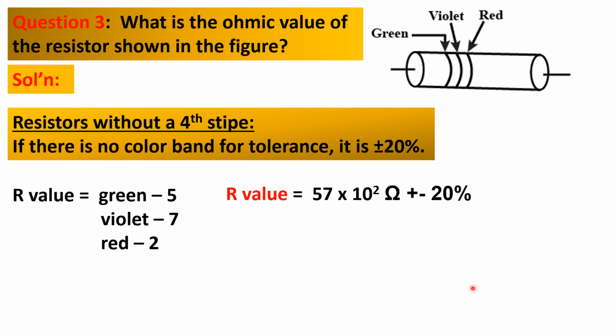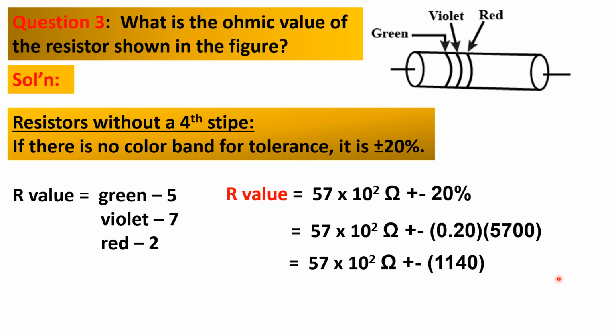And therefore, if we calculate for the 20% or 0.20 of the ohmic value, which is 5,700 ohms, we have this range. 20% of 5,700 is in fact 1,140 ohms.